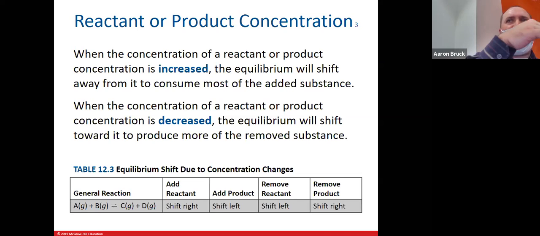So if I add reactant, we're going to see reactions go to get rid of the extra reactant. If I see an increase in product, we're going to see a shift to get rid of the extra product. If I see a reactant or a product removed, the equilibrium is going to shift to replace what was removed.